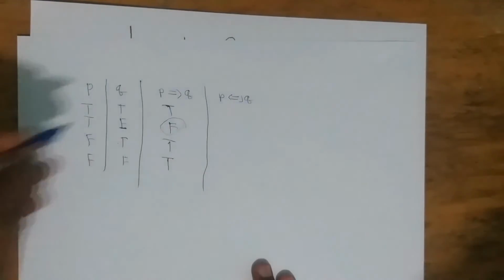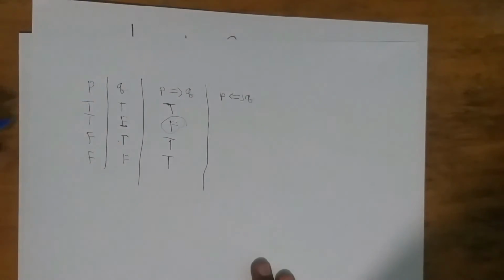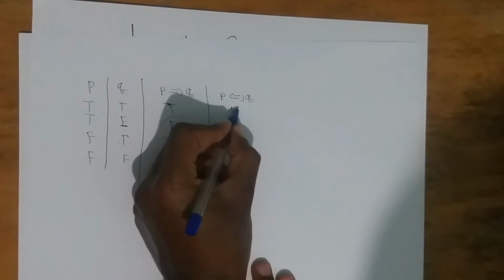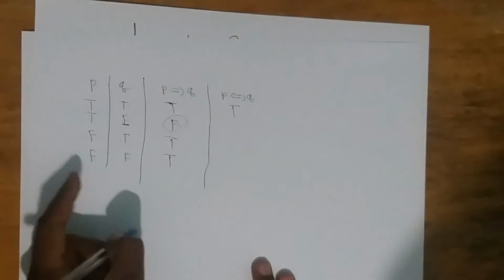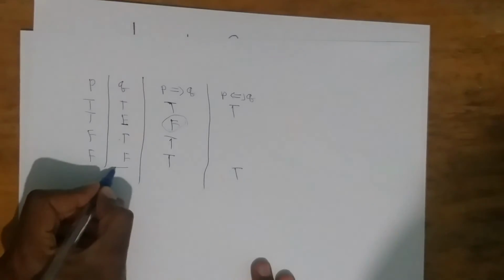What about the by implies? In the by implies, in the cases of both true values and both false values, it's gonna be true. For true, true, true. For false, false, true.